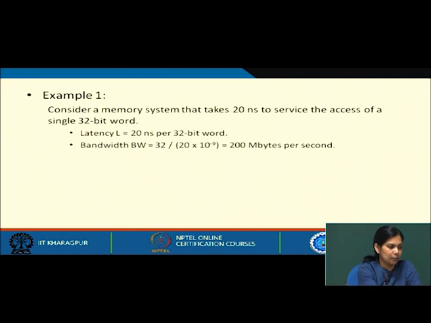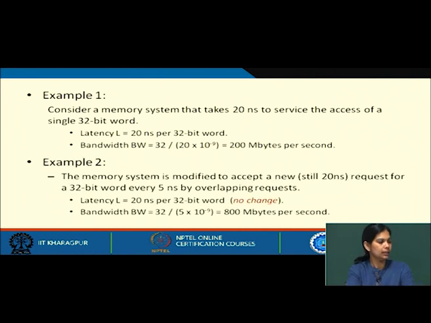Let us take another example. Here the memory system is a little bit modified to accept a new request, still with 20 nanosecond latency, for a 32-bit word every 5 nanoseconds by overlapping the requests. That means every 5 nanoseconds the next word is available.